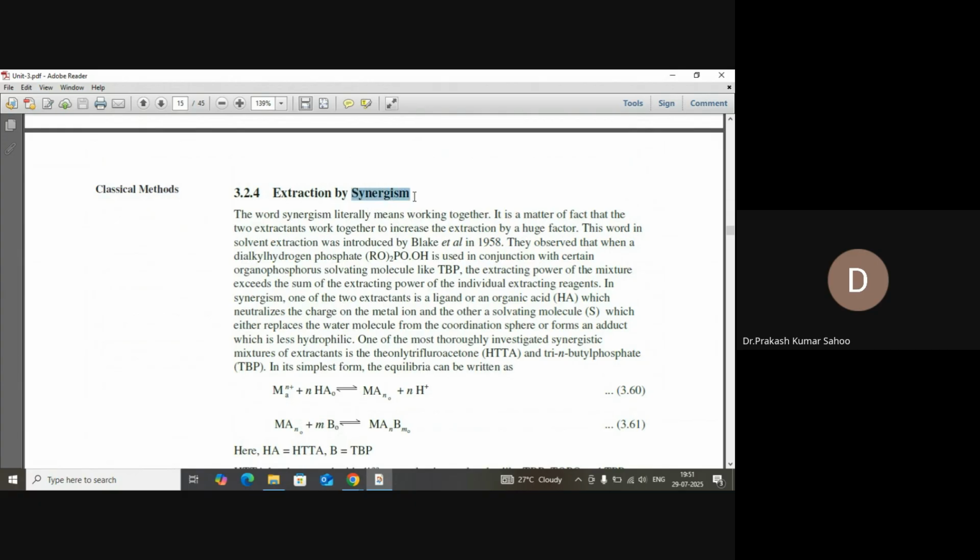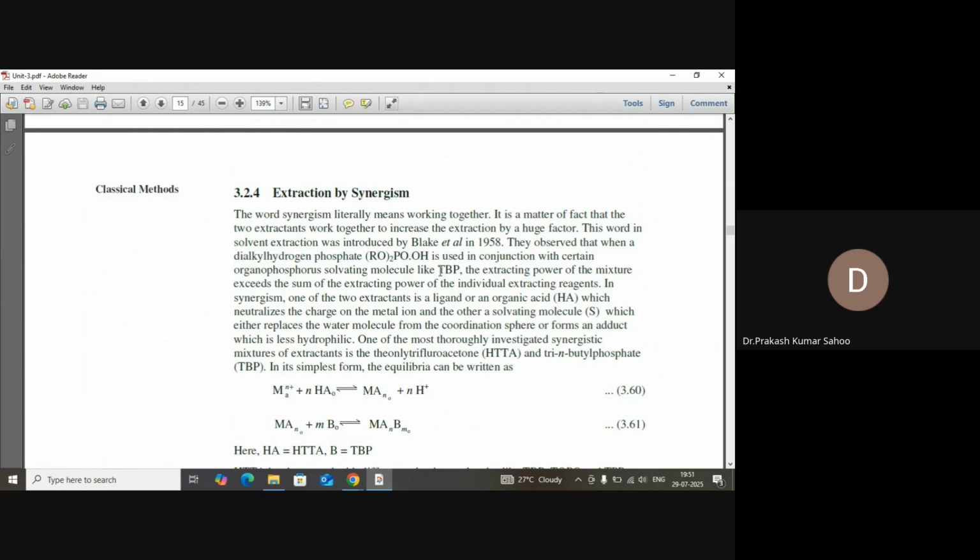Extraction by synergism. Synergism is about the back bonding. Okay, back bonding. That is, two extractants work together to increase the extraction by a huge factor. Here, two extractants are used. For example, dialkyl hydrogen phosphate.